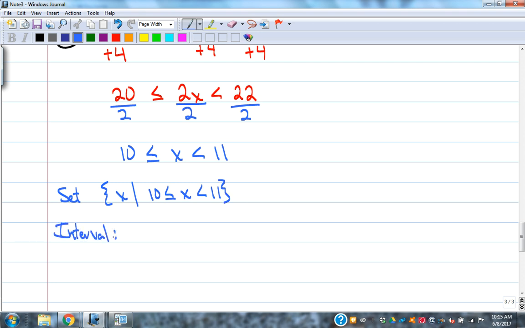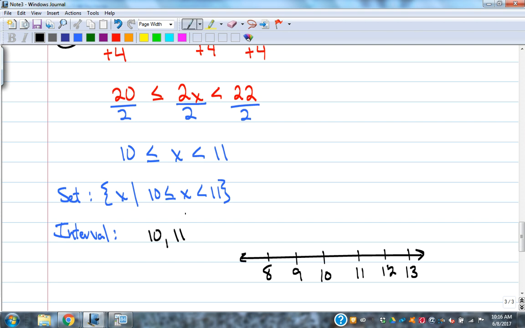What's the interval notation for this one? You know it's going to go from 10 to 11. What gets a bracket and what gets a parenthesis?